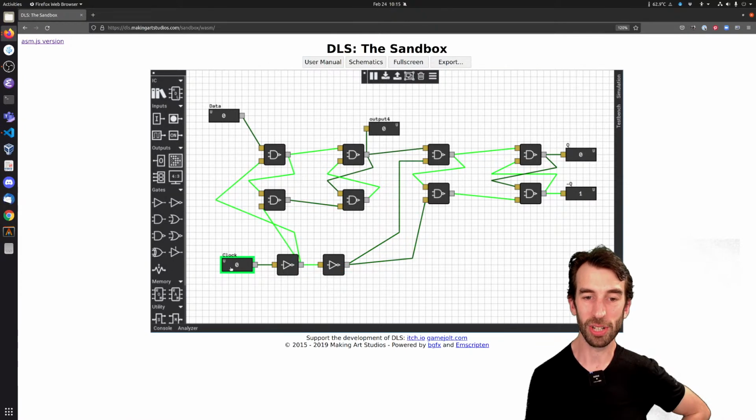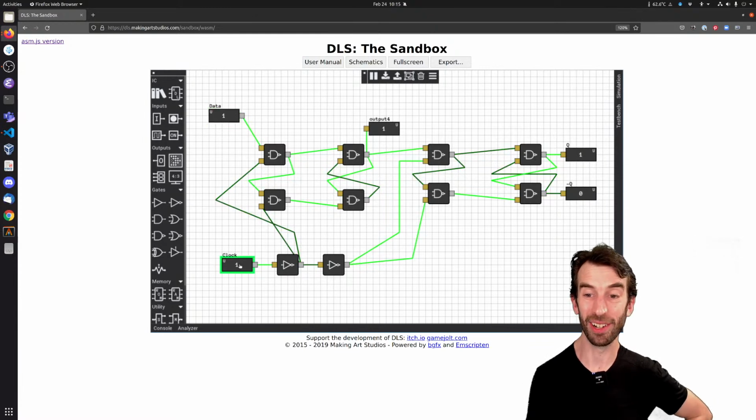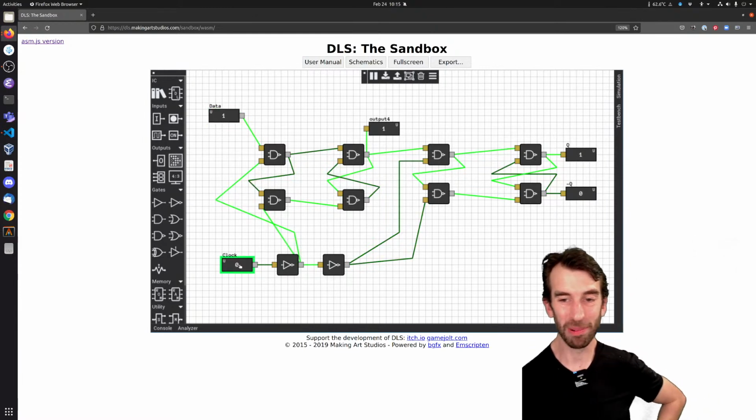And then nothing changes after that. Put a 1, there we get the output. 0, storage, output. There's not that much you can do with these things, they're only binary, so storage, output, storage, output.